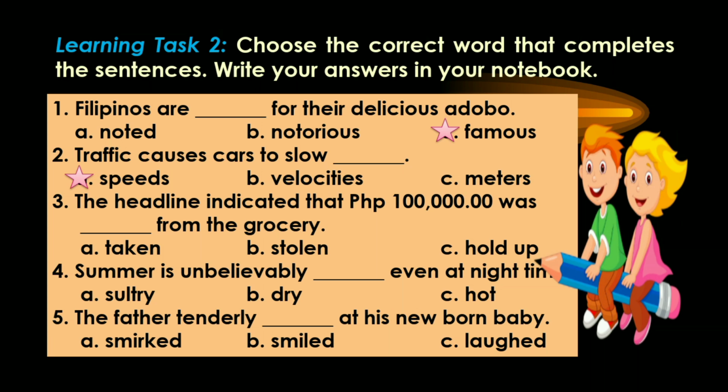3. The headline indicated that 100,000 pesos was blank from the grocery. Taken, stolen, or hold up? It's letter B, stolen. Number 4. Summer is unbelievably blank even at night time. A, sultry, B, dry, C, hot?